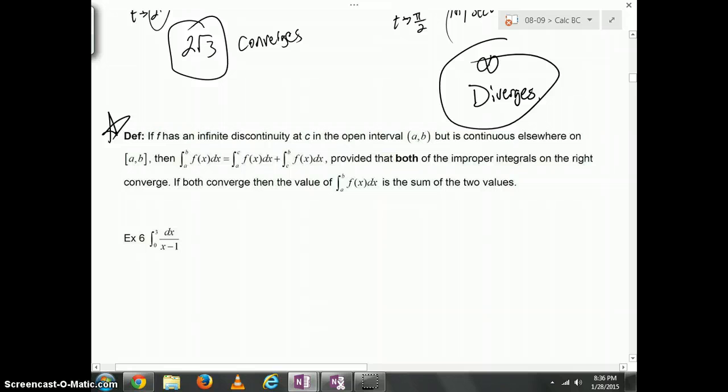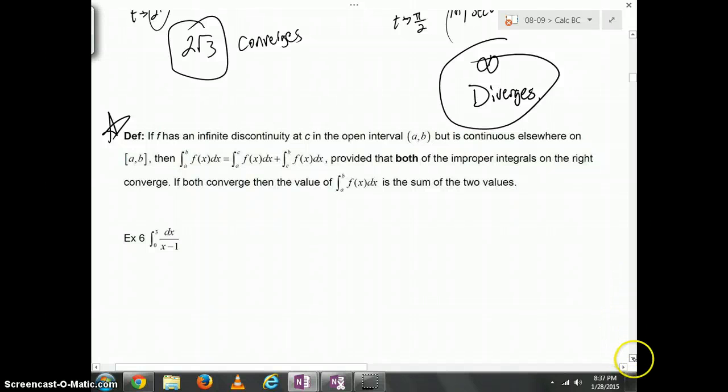If f has an infinite discontinuity somewhere in between the endpoints, c in some open interval, some number of x between the left and the right endpoints, it's continuous elsewhere, then what you need to do is break this up into two different integrals, and provided that both of the improper integrals converge, then the original problem will converge. If either one of those two integrals diverges, the original problem diverges.